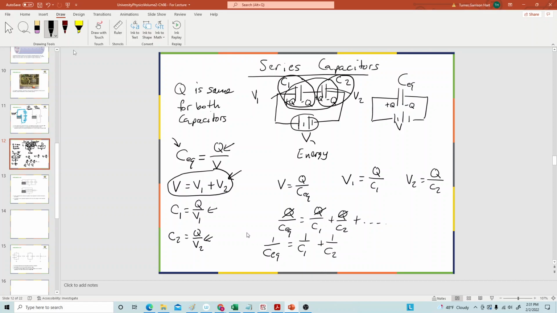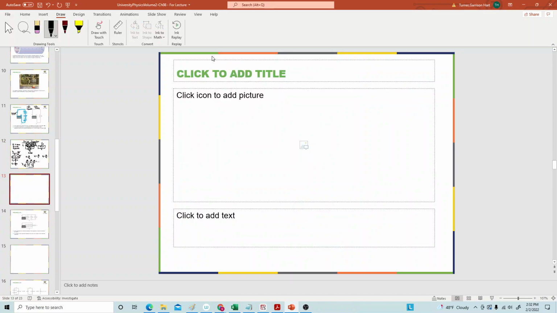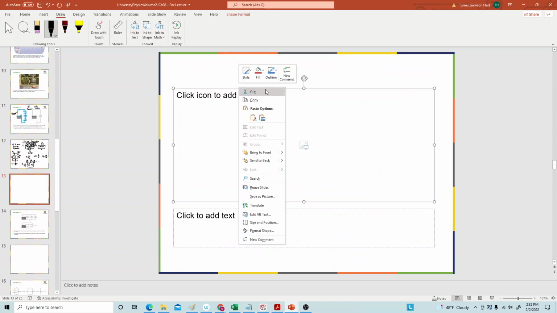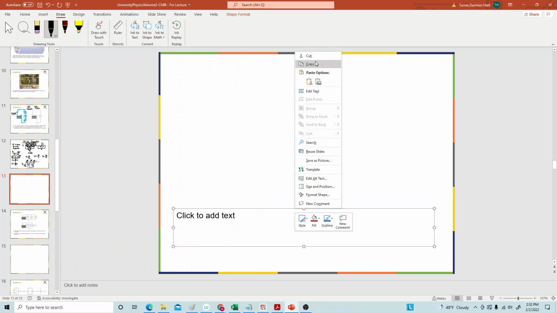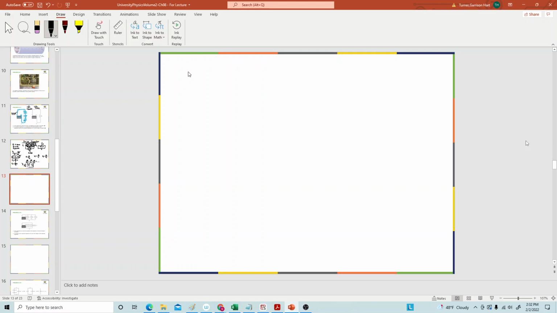So, to get the equivalent capacitance, what we want to do is get common denominators here and then invert both sides. So what we mean by that is this. We have 1 over C equivalent equals 1 over C1 plus 1 over C2.